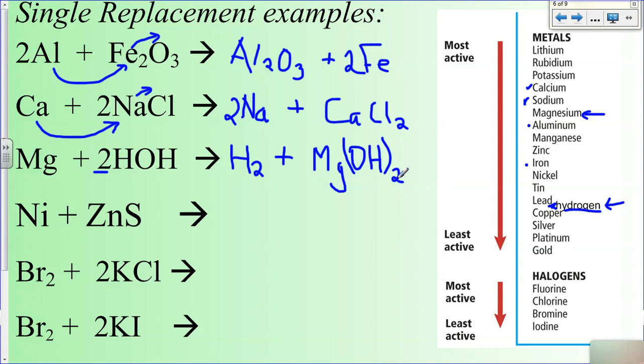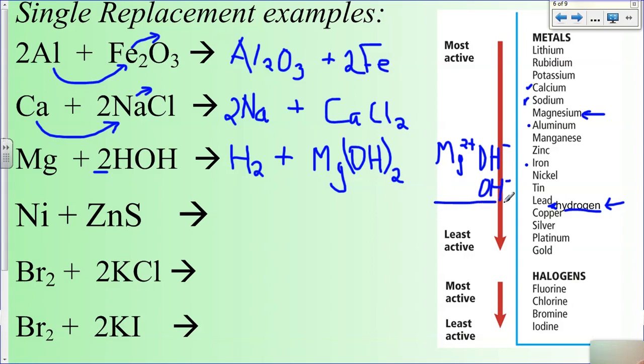Now, if you're trying to figure this out, you have to remember that magnesium has a positive 2 charge as an ion, and our hydroxide group has a negative 1 charge. So I'm going to need to have 2 hydroxide groups in order to create a compound that has a neutral charge overall.